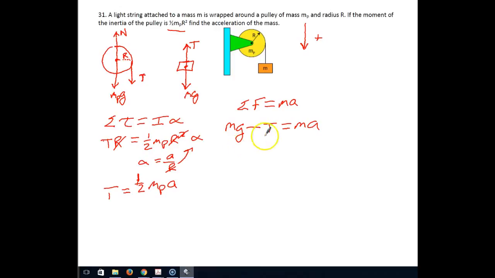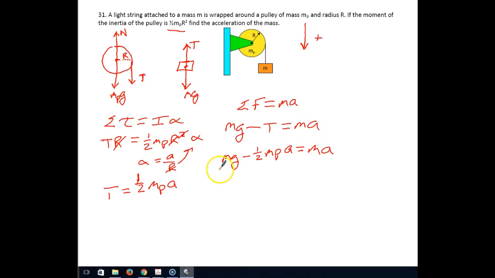We said that T here is equal to 1/2 mp a, so we're going to do mg minus 1/2 the mass of the pulley times the acceleration, and that's equal to the mass times the acceleration of the box. Where we don't have any labels on the m, that is the mass of the box, and where we have the label mp, that is the mass of the pulley.